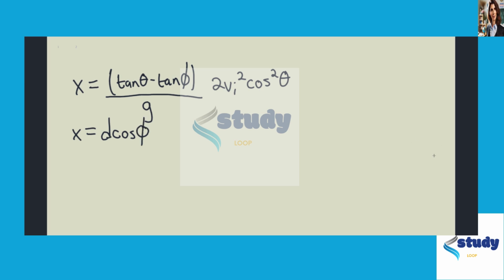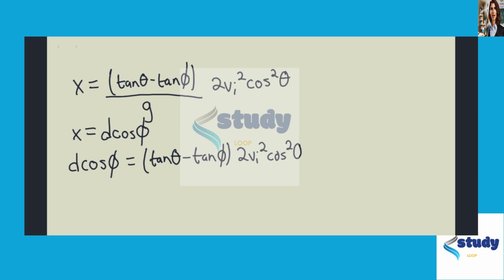So here, we can set this equal to this equation now, again, and say that d cosine of phi is going to equal tangent of theta minus tangent of phi times 2 v initial squared cosine squared of theta divided by g.